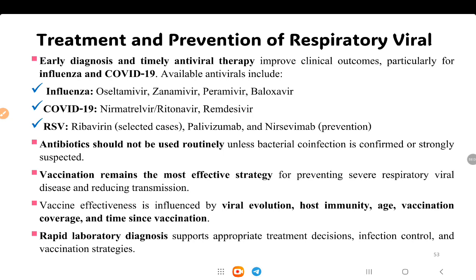Laboratory diagnosis is important to support the treatment decision, infection control, and vaccination strategy. That means combining early diagnosis with targeted antiviral therapy, while vaccination and public health measures provide the most effective approach to controlling respiratory viral infection.